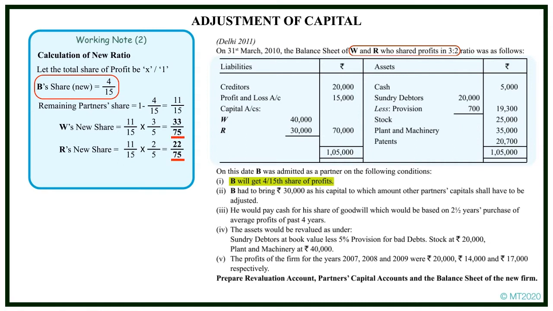So to make the denominator 75, we need to multiply this fraction with 5 by 5, which is equal to 20 by 75. Thus the new ratio comes as 33 is to 22 is to 20.